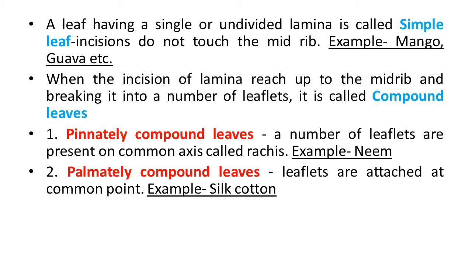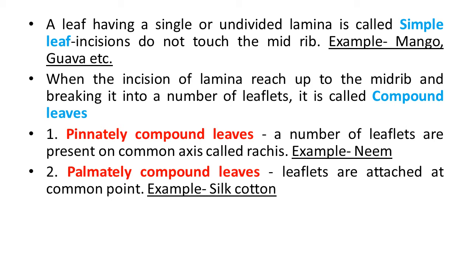The second type of compound leaf is the palmately compound leaf. Palmately means palm shape. Here leaflets are attached at a common point. It is different from the pinnately compound leaf. In a pinnate compound leaf, the arrangement of leaflets looks like a feather because a number of leaflets are arranged on a common axis.